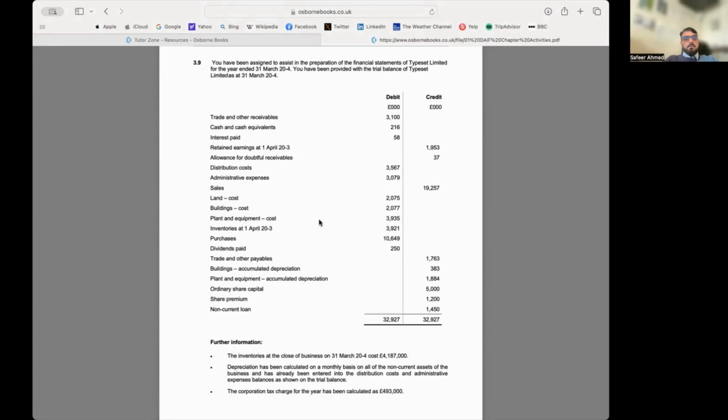Now, if you are a student of MSc management and as part of your accounting module, you are studying how to prepare financial statements. Or if you're doing any other master program, the way you are studying the basics of financial statements, how to prepare financial statements for a limited company.